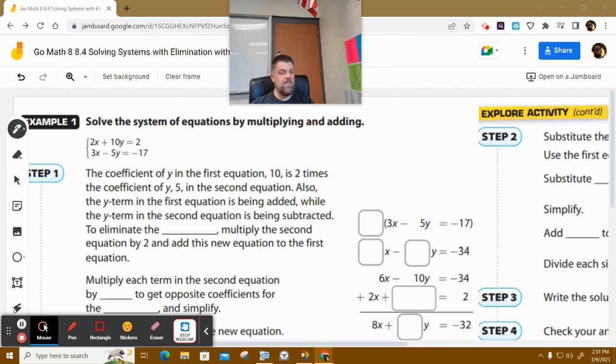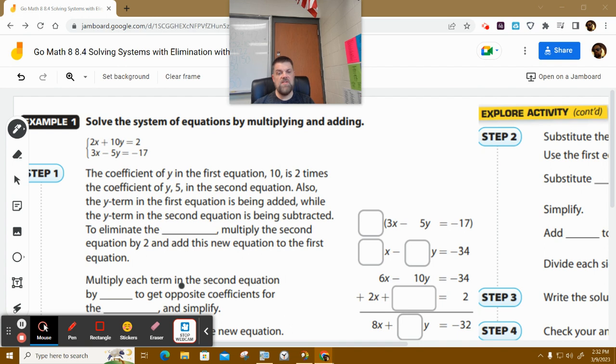So that doesn't eliminate anything, right? 10y and negative 5y, when I add those up, that doesn't really eliminate anything. So that's part of the challenge that we have on this new section. So we're going to have to do a little extra work.